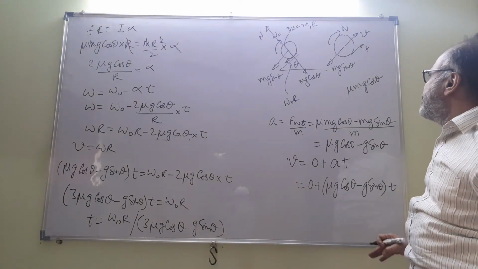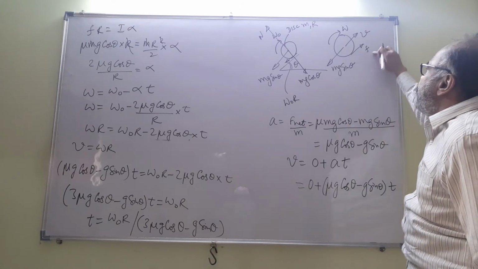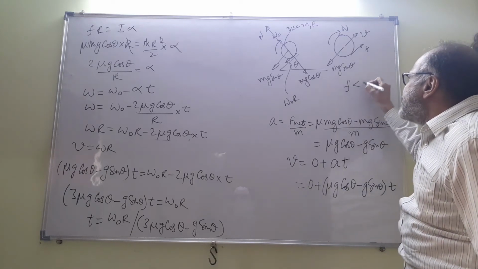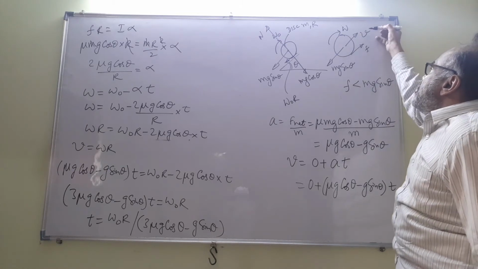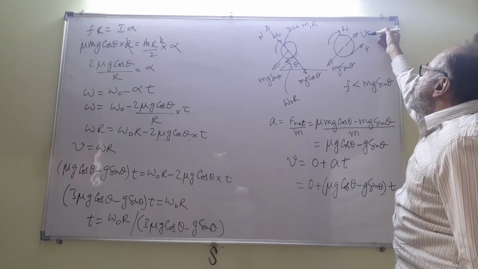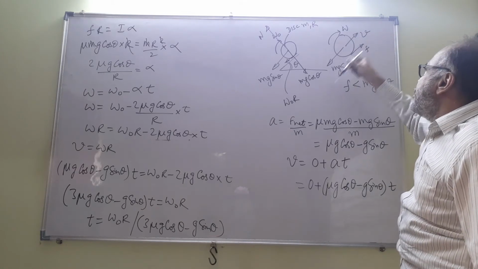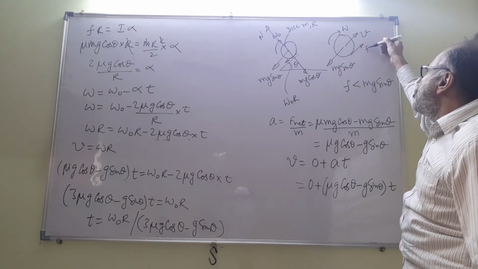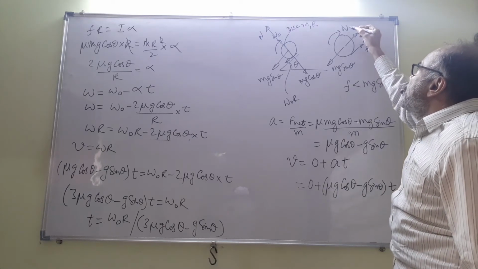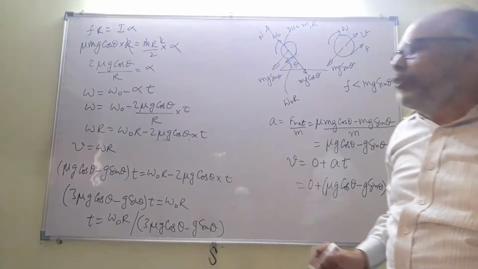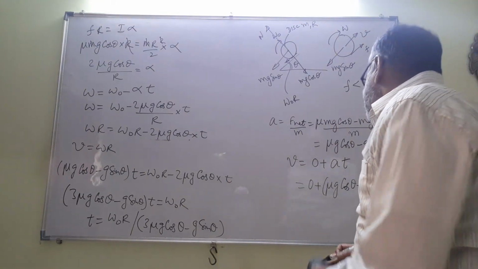Therefore the frictional force F, even if it acts upwards, must be less than mg sin theta. So the magnitude of V will decrease because mg sin theta is overpowering the frictional force, and the torque of F will also reduce omega. This way the pure rolling can be sustained.